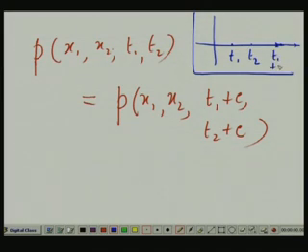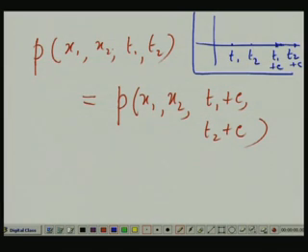t1 plus some constant c, t2 plus some constant c, just delay both the points by the same amount, that is important. That is joint density between two variables which are situated at a gap of t2 minus t1.